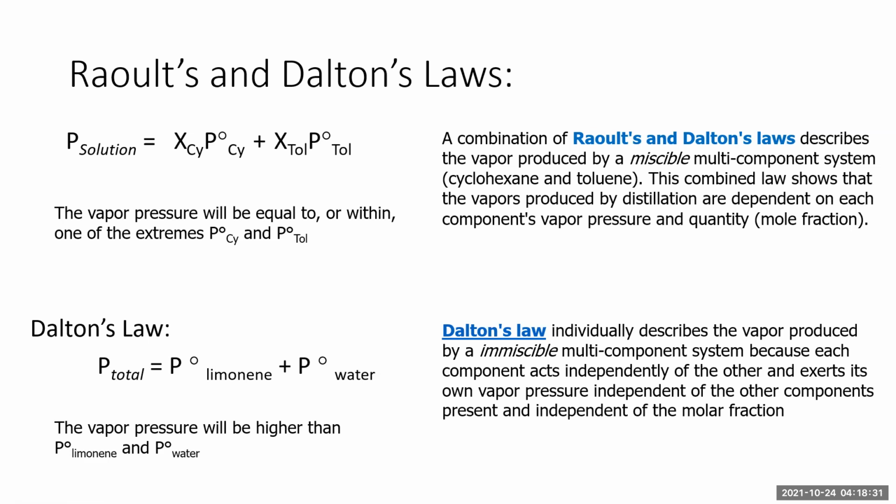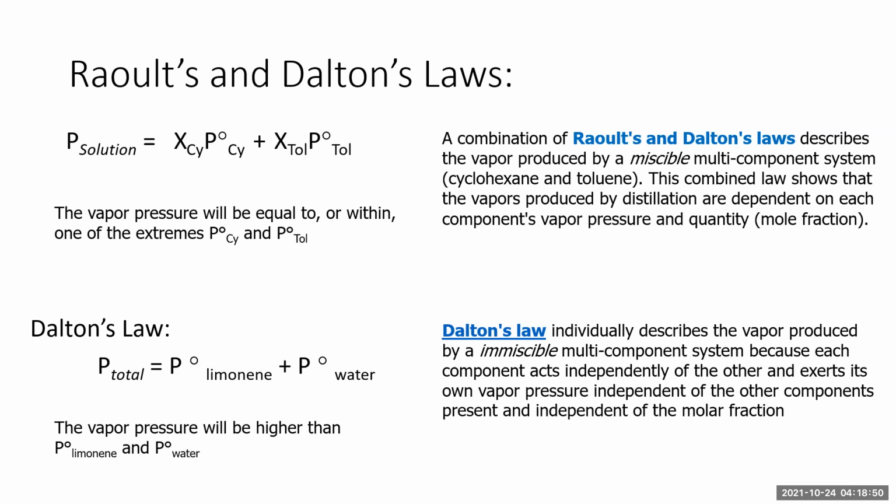But because these are multiplied by their mole fractions, in reality, likely the vapor pressure produced will be somewhere in between the two vapor pressures of pure cyclohexane and toluene, which would be the two extremes.